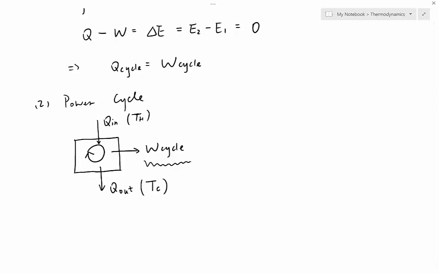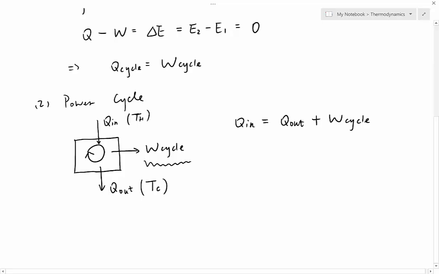Okay, next one, let's perform energy balance. How do we do energy balance? Total energy going in must be equal to total energy coming out. That is how you do energy balance for cycles. Okay, left hand side, total energy going in. That is only Q in. Right hand side will be total energy coming out. And then we have two terms. The first term is Q out, and the second thing coming out of the cycle is W cycle.